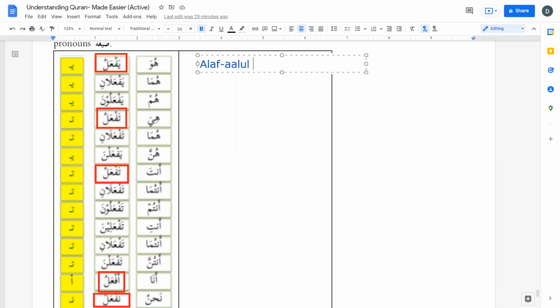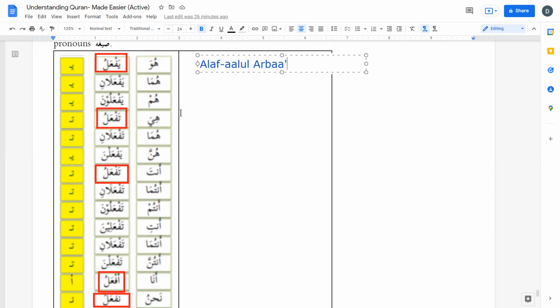Not khamsa, sorry, arba'a. Why arba'a? Because taf'alu comes two times, so they are going to count only one time. So yaf'alu, taf'alu, af'alu, naf'alu. So that's why these are called af'alul arba'a. This category that ends in dhamma in regular form is called af'alul arba'a.